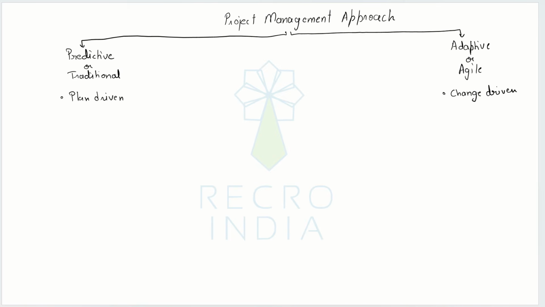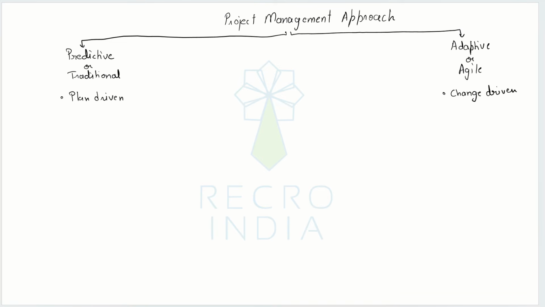On the other hand, we have adaptive approaches, which are commonly referred to as change driven also, because in these approaches we expect a lot of scope changes, usually because the scope is not clearly defined in the starting, and it is expected that the customer expectations, the requirements, the scope is going to evolve as the project progresses.